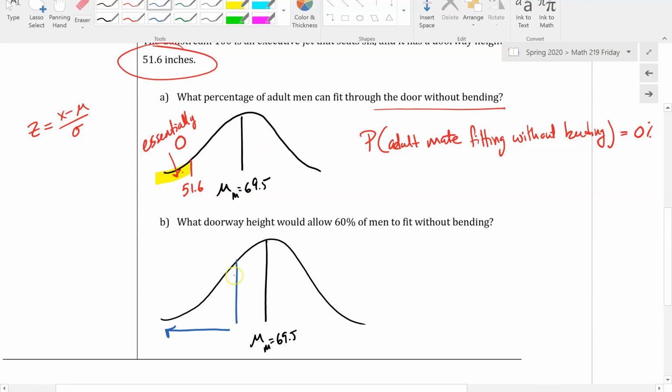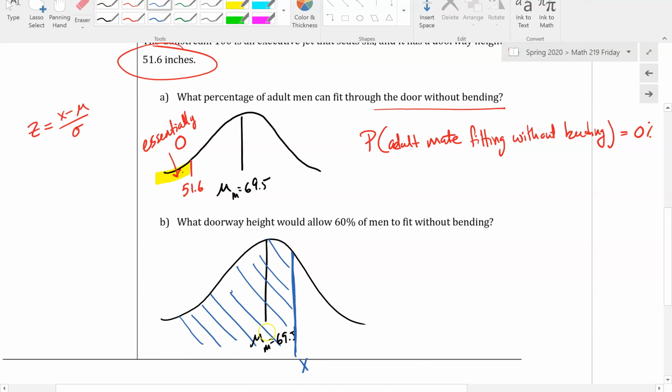That's how I know that this mystery height wouldn't be here, because here's the 50% mark. This is where half of all men are. I'm trying to get 60% of all men to fit. This area is not 60, it's less than that, about 50. So there's got to be some mystery height here, I'll call it X, where I want 60% of the adult male population to be less than that height.